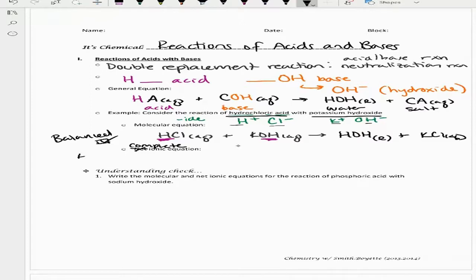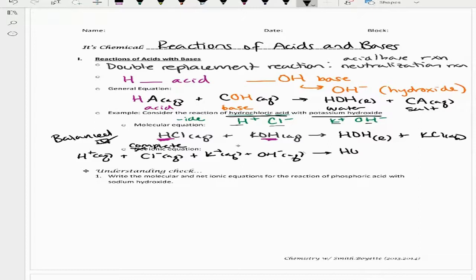The H in HCl is going to be H plus, aqueous, plus Cl minus, aqueous. We just got one of each of those, plus K plus, aqueous, plus OH minus, aqueous. And remember that the reason why all of these are aqueous is that we're rewriting the molecular equation. So if our molecular equation says that it's aqueous, our complete ionic equation will state that it is also aqueous.